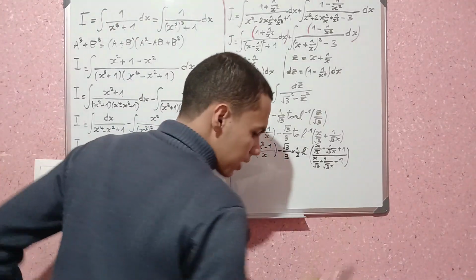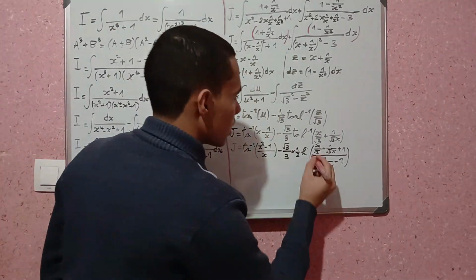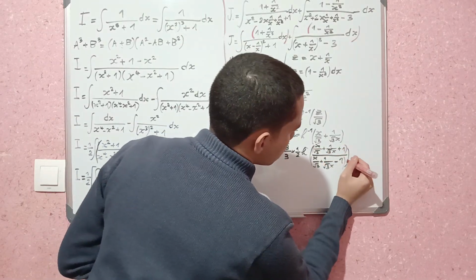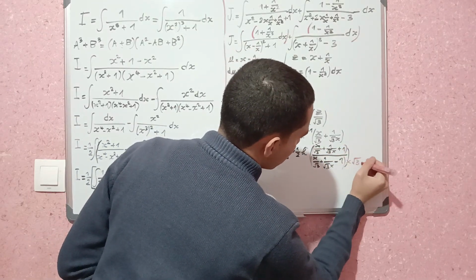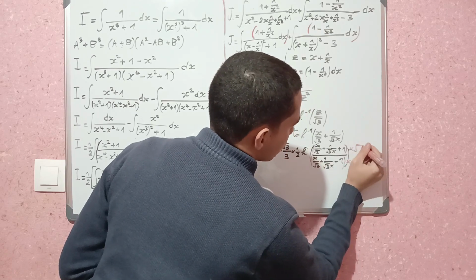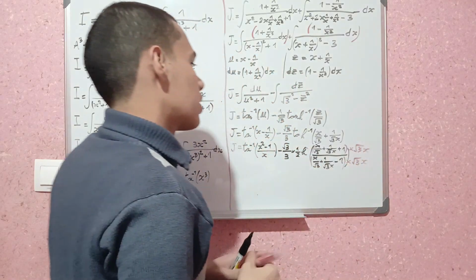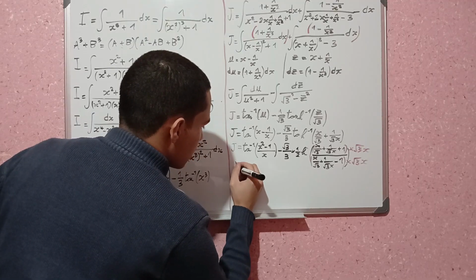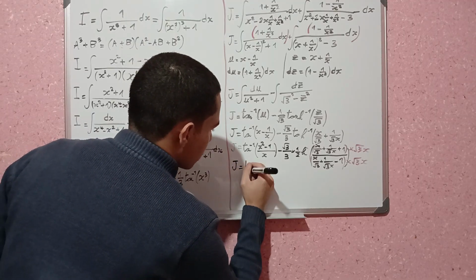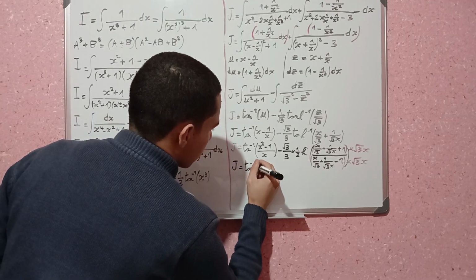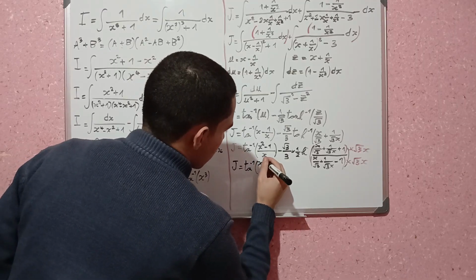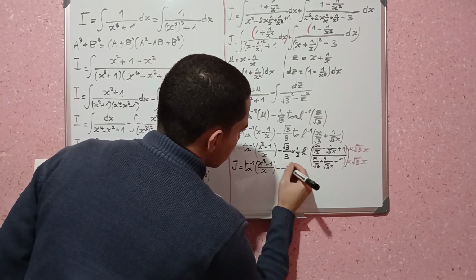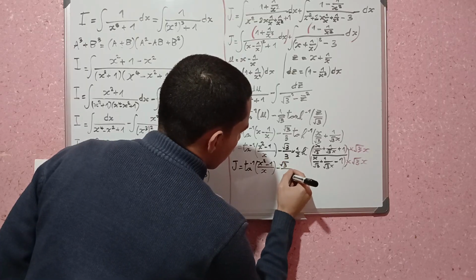We can multiply the numerator and denominator, using parentheses, here by square root of 3x, and here square root of 3x, to simplify things a bit. So we get g equals the inverse tangent of x squared minus 1 over x minus square root of 3 over 3.